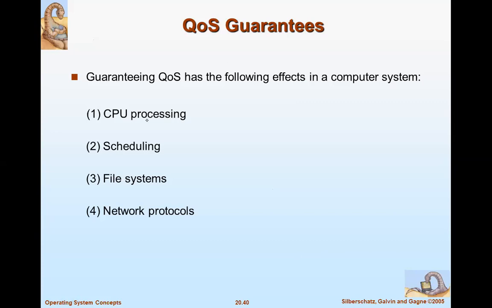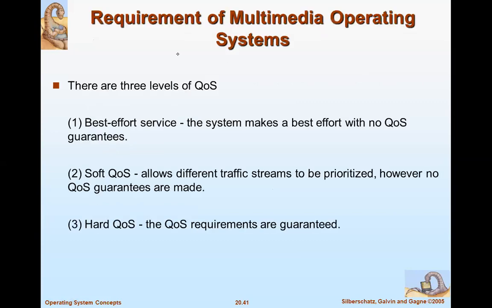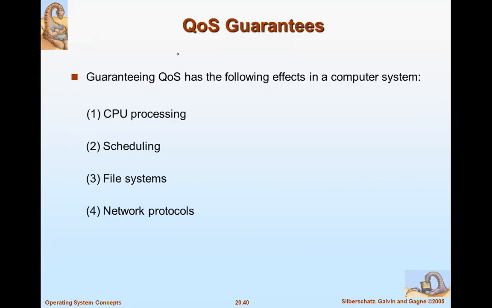So guaranteeing quality of service has the following effect in a computer system. Number one is, what is the CPU processing time? Either the CPU would be able to provide response to every process in a particular time, or every process has to wait. Next is the scheduling decision. How fast is the scheduling in this system?